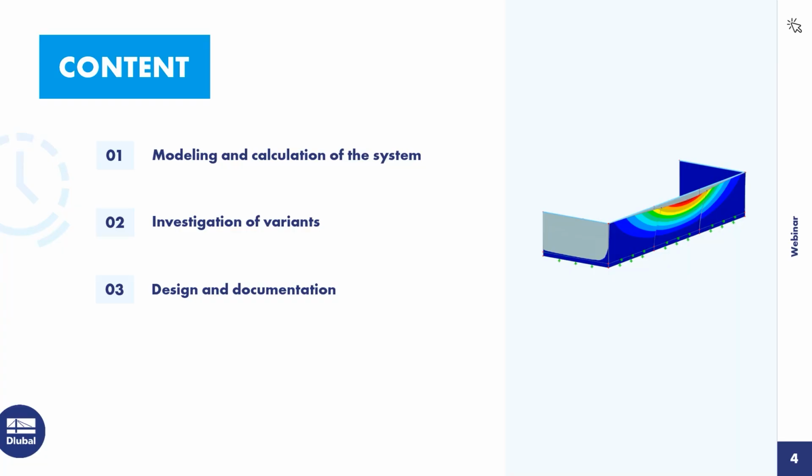We want to take a look at some variants, maybe on the failure of one surface or on the failure of one layer of a surface. And the last thing, we want to take a look at the design and documentation in RFEM.